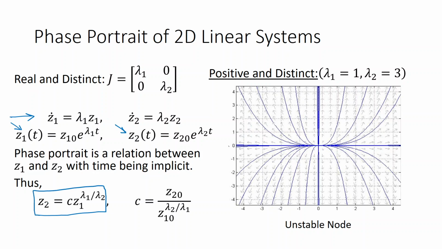Note that basically this is the trajectory. The trajectory means we are finding a relationship between z1 and z2. That will give you the trajectory. If you then plot for various z1 and z2, you will get the trajectory in the state space. So this is the equation of the trajectory, and C has this form, and lambda 2 and lambda 1 are of course the eigenvalues.